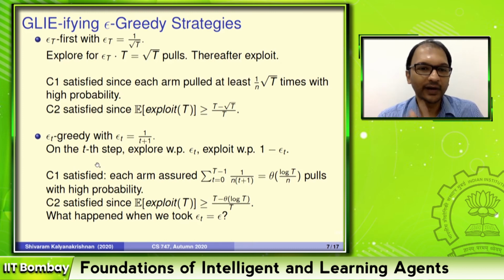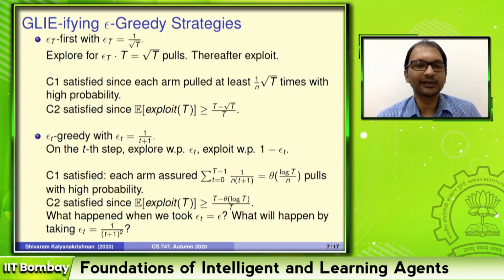What went wrong is that the fraction of exploit pulls was no longer t minus theta of log t. It would have been t minus some constant times epsilon t. So it would have been linear in t rather than log t over here. Therefore, we were not satisfying condition C2.